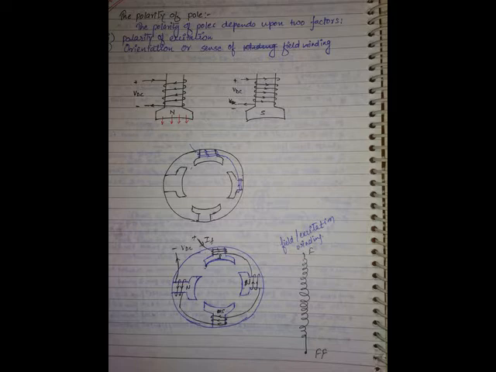By adding silicon to steel, the conductivity reduces without disturbing magnetic properties.